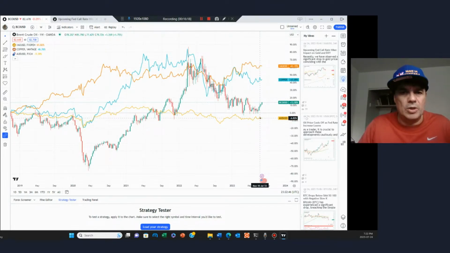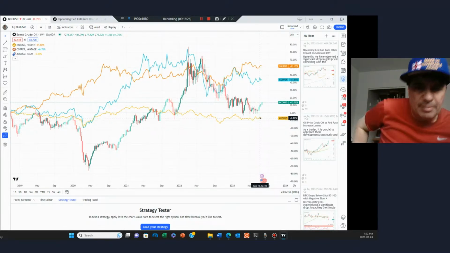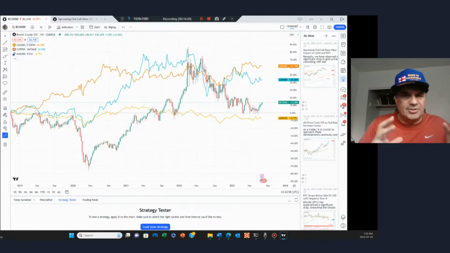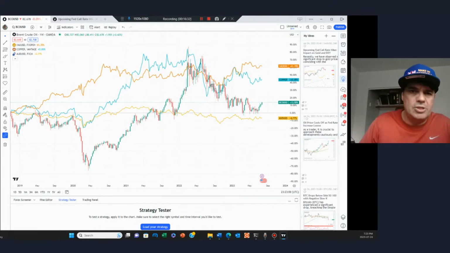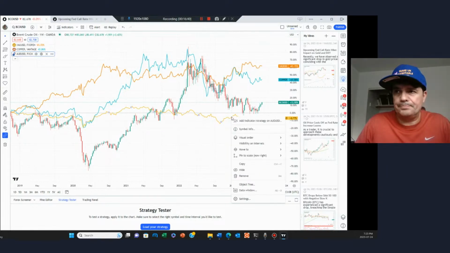So when China orders copper from Australia in large amounts, usually you'll see a bump in the value of the Australian dollar against the US dollar. So there's this relationship that you can use somewhat to see how that will impact the price of oil. Just so you know. Any questions so far?